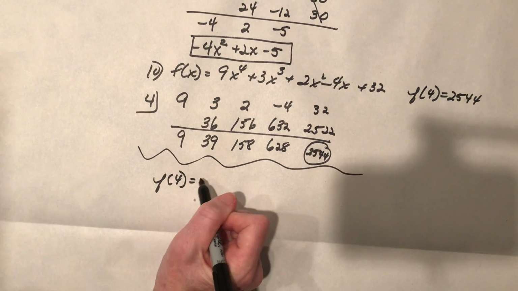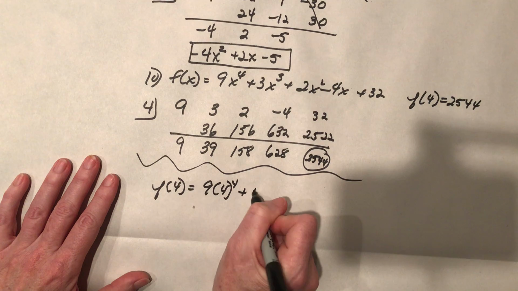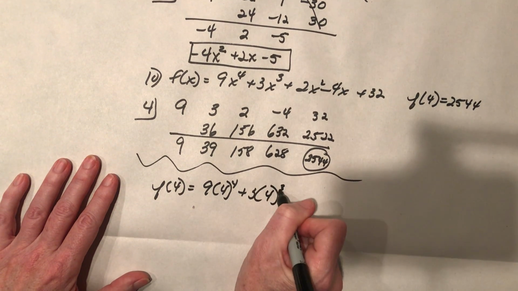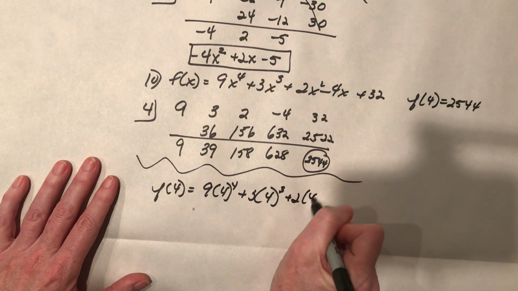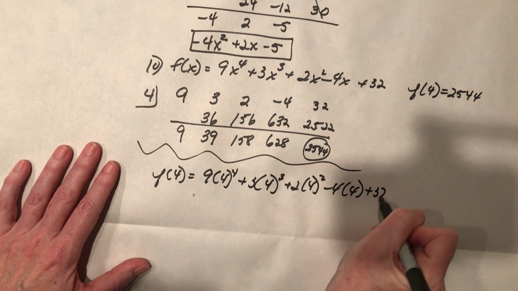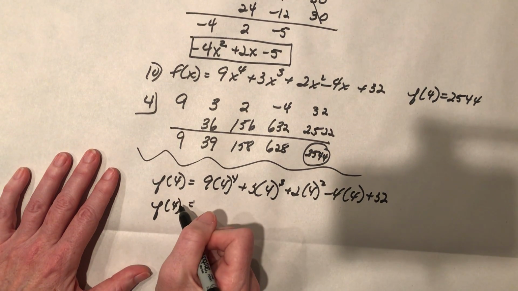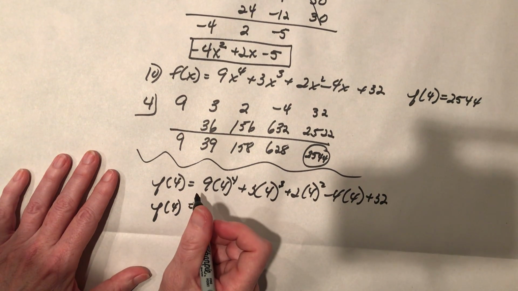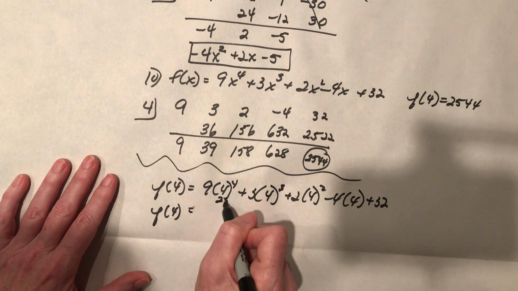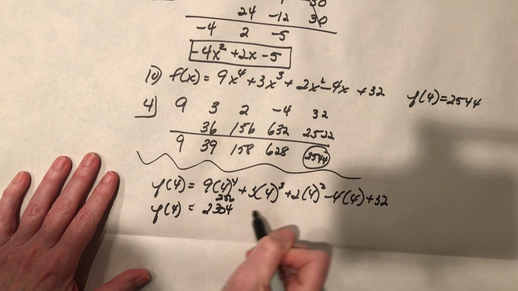f of 4 equals 9 times 4 to the 4th plus 3 times 4 cubed plus 2 times 4 squared minus 4 times 4 plus 32. So f of 4, when we plug it in, we're going to get 9 times 256, which gives us 2304.